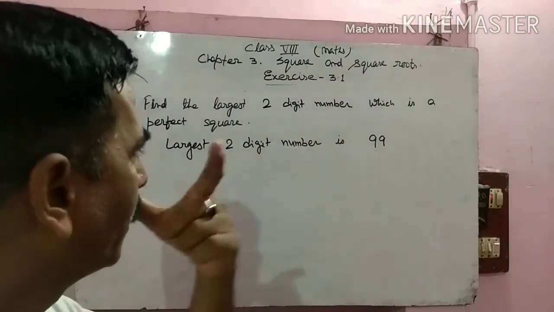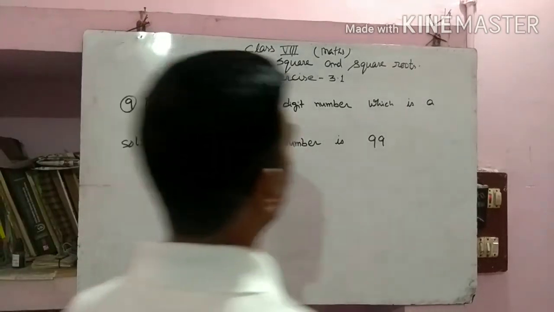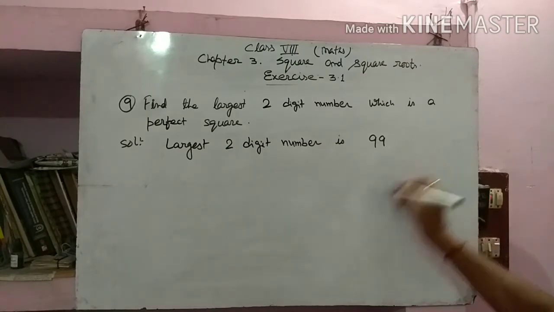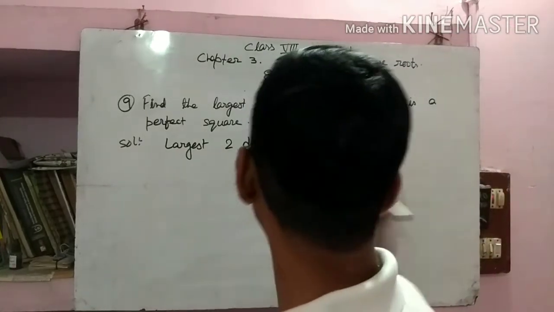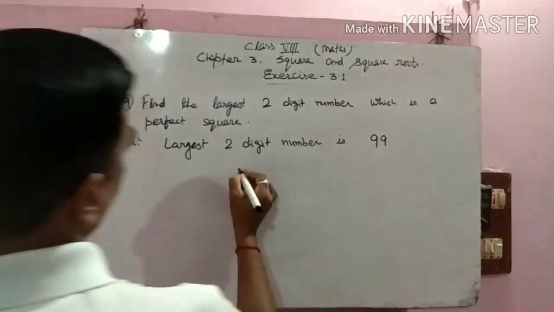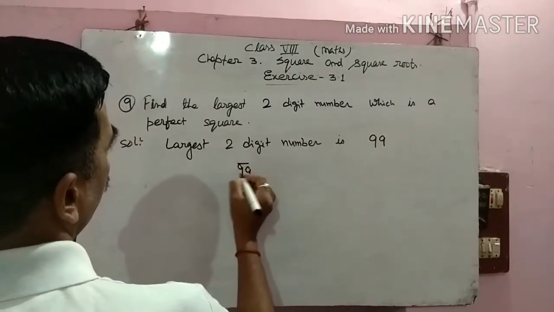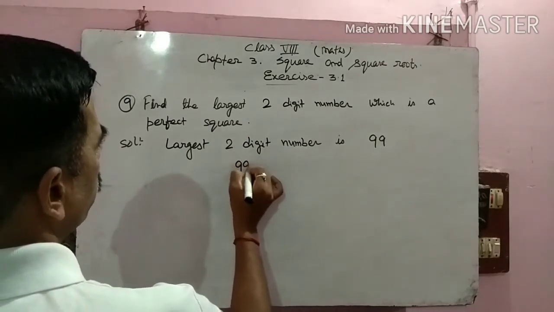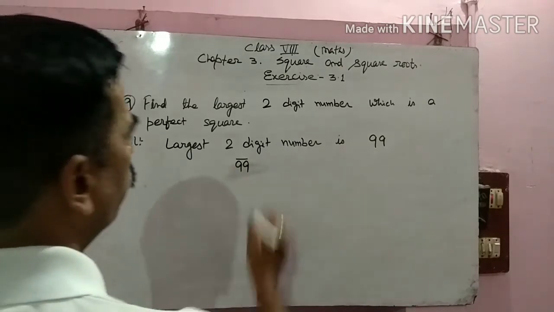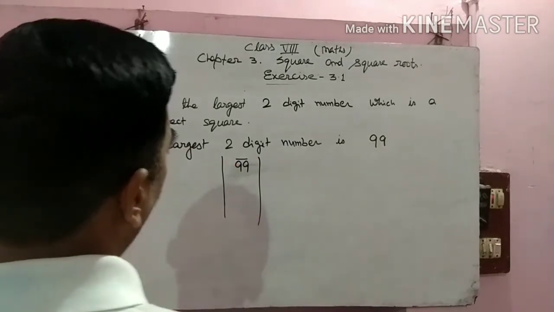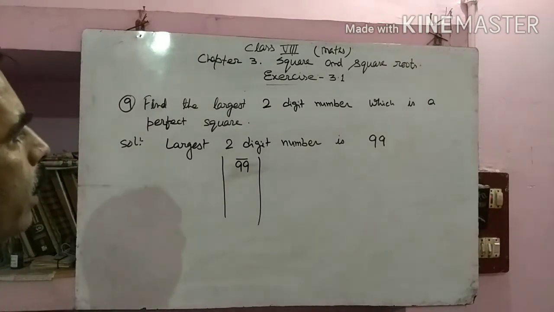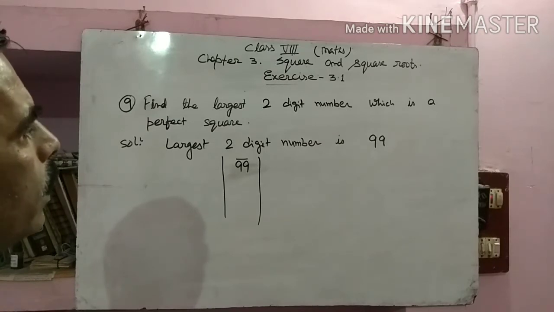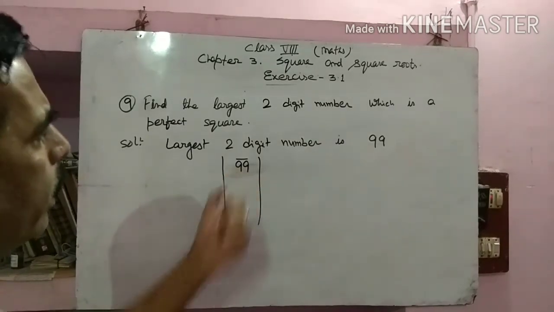You know the division method to get the square root of any number. To get the square root, what do we have to do? First of all write 99 and make pairs of two digits. It's already a two-digit number, so we make a pair of two digits. And we have to find the number whose product, or multiple of the same number, is equal to or near to 99.